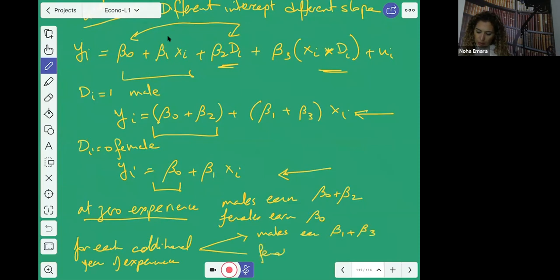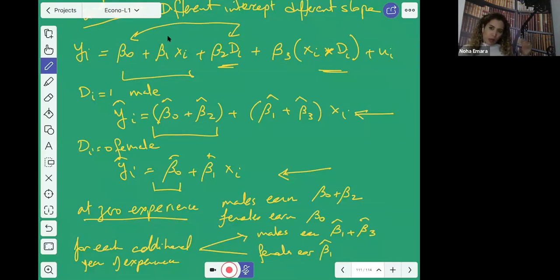Females earn beta 1. This is more realistic, right? Assuming all these coefficients are positive, and that I need the hats everywhere, as these are the estimated model.